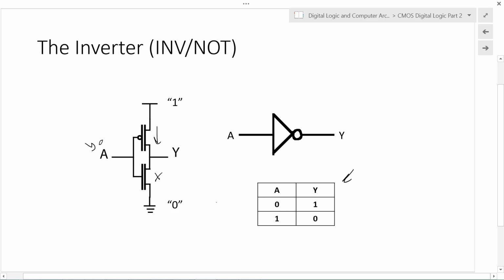That gives us a logic 1 at the Y. When we have a logic 1 here at the input, this gives us a disconnection on the PMOS, a connection on the NMOS, and so Y is connected to a logic 0.